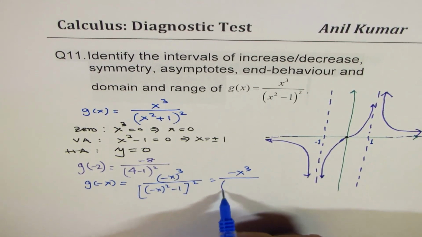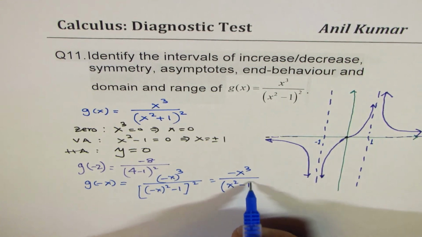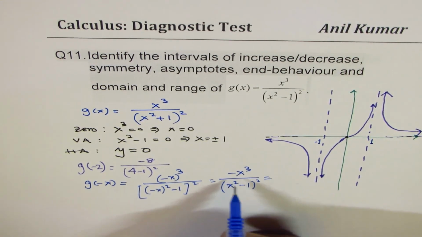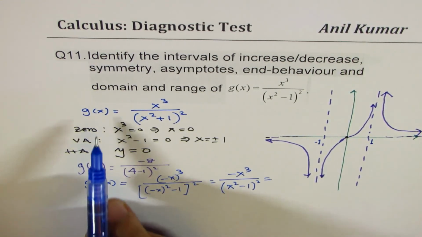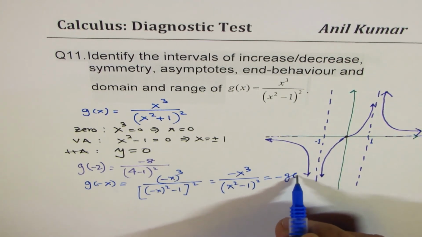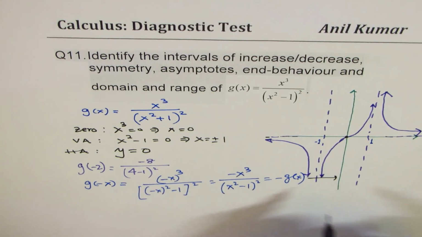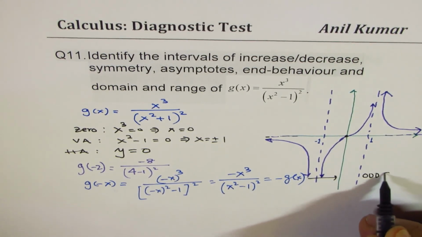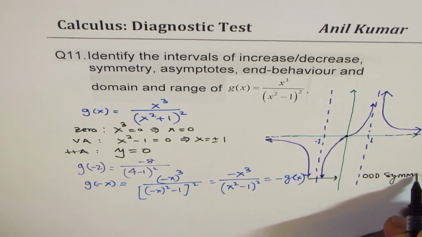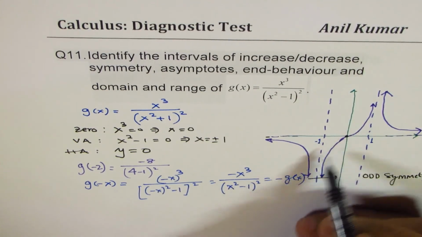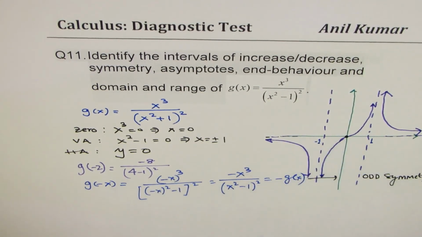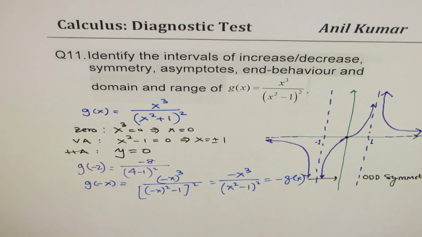And the denominator is exactly as it was before. But it is negative of our function. So we could write this as minus g of x. That means what? This means odd symmetry, right? Now you can see from the graph that it is symmetric about origin. So it does have odd symmetry.